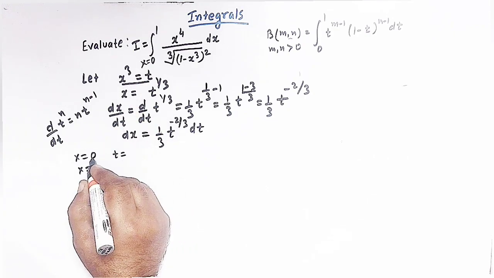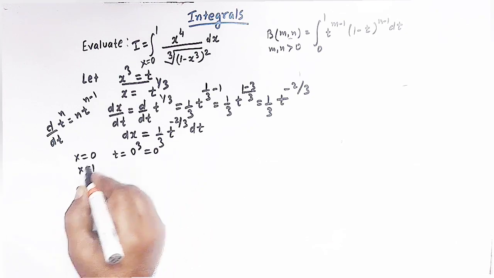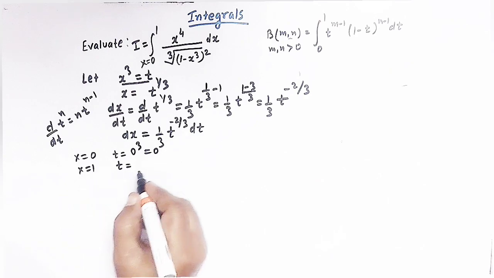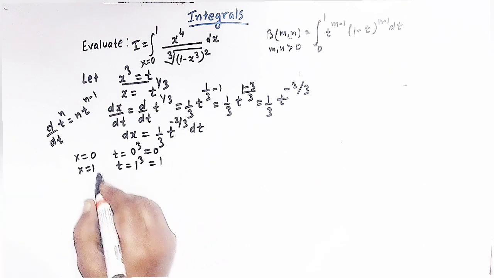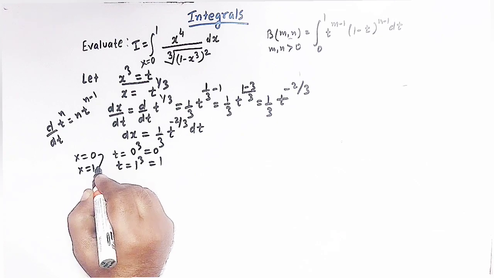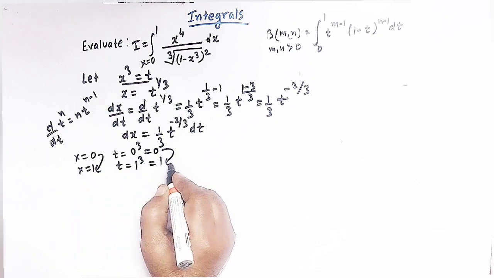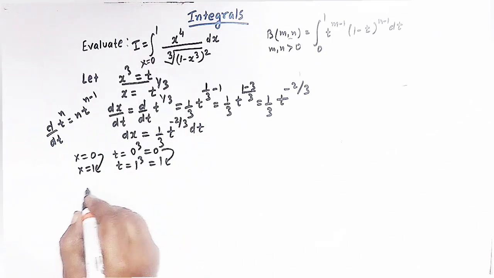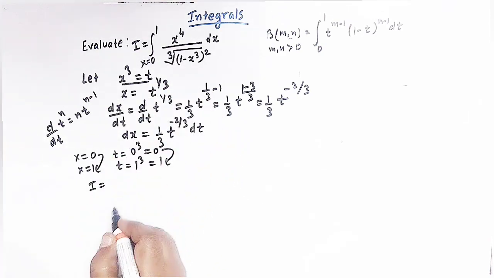So we have x is equal to 0, so 0 cube is 0, and when x is equal to 1, then the value of t is equal to 1 cube, that is equal to 1. So when x goes from 0 to 1, then t also changes from 0 to 1.